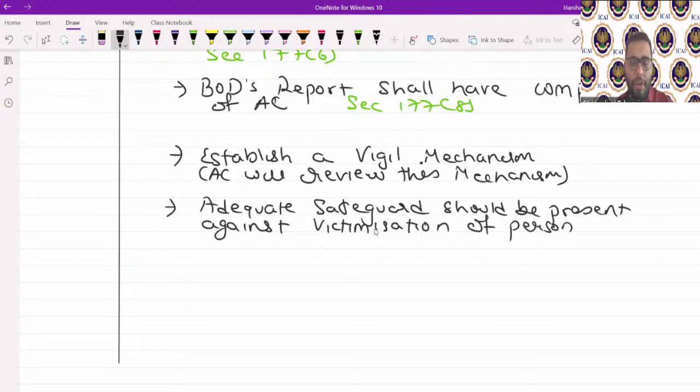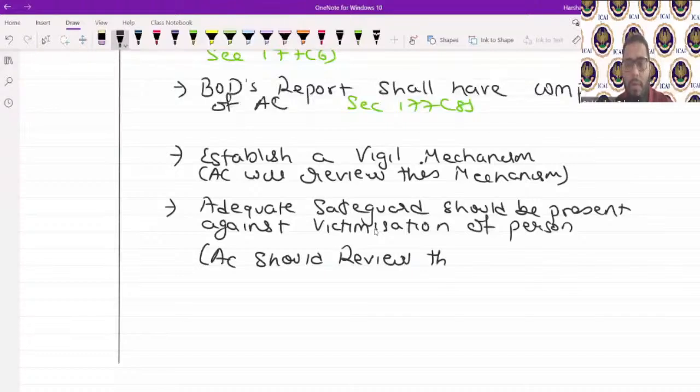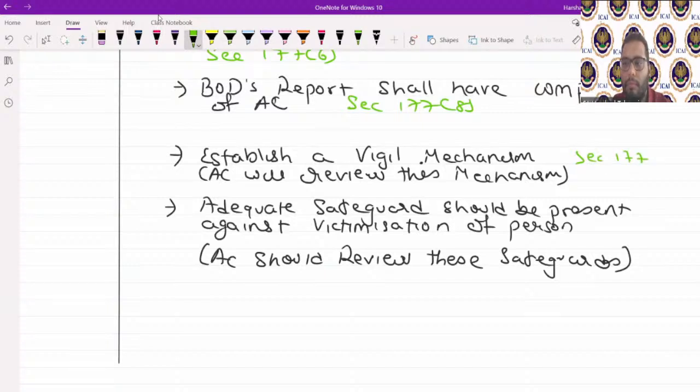Then it's victimization of a person. So adequate safeguards should be present, and the audit committee should review these safeguards. Clear?